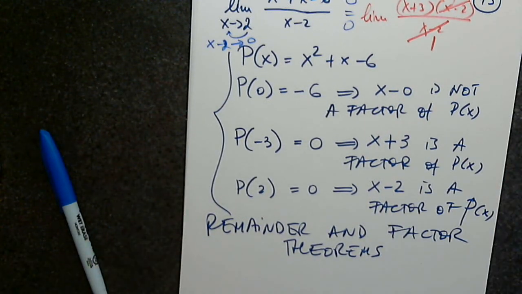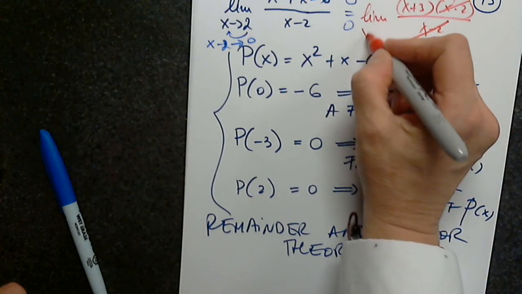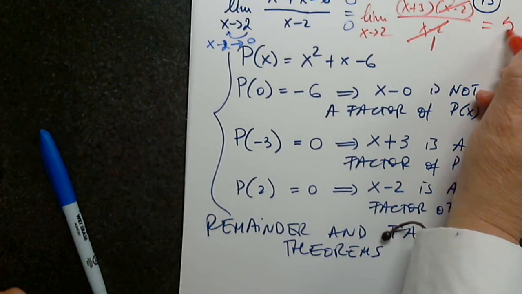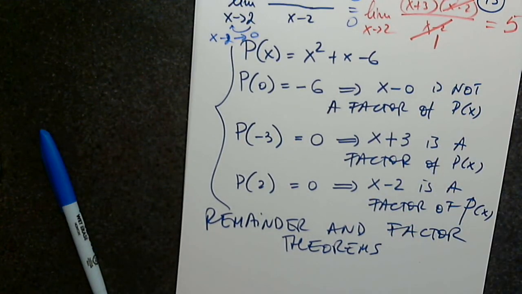I knew that that factor had to be there because when I plugged in 2, I got 0. So it has to have a factor of x minus 2. I got rid of the problem, and now the limit is, indeed, because as we know, the limit of a polynomial, we just plug it in to get the limit.